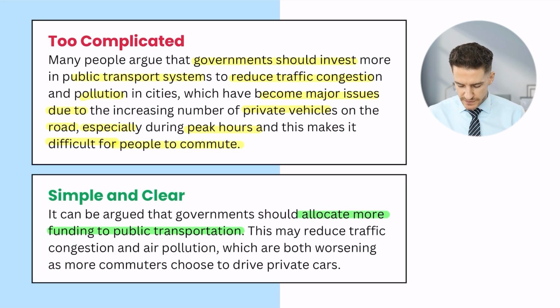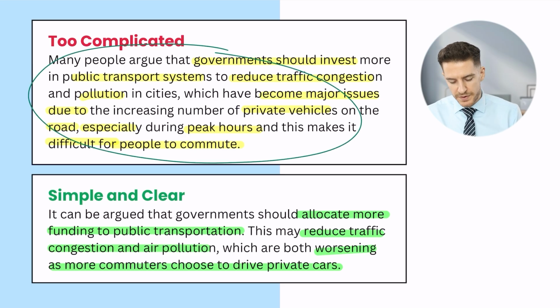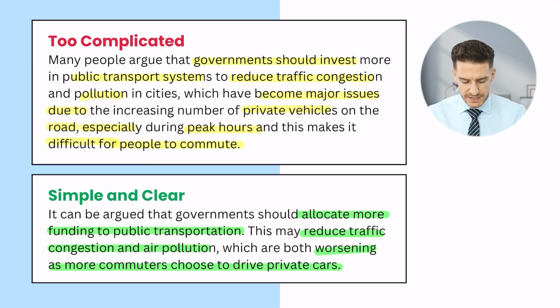This may reduce traffic congestion, and air pollution, which are both worsening as more commuters choose to drive private cars. So again, this sentence is much better. It's easier to follow. It's still a bit long, but it's clearly separated into 2 parts, and it's much easier to follow than this very complicated sentence at the top here.